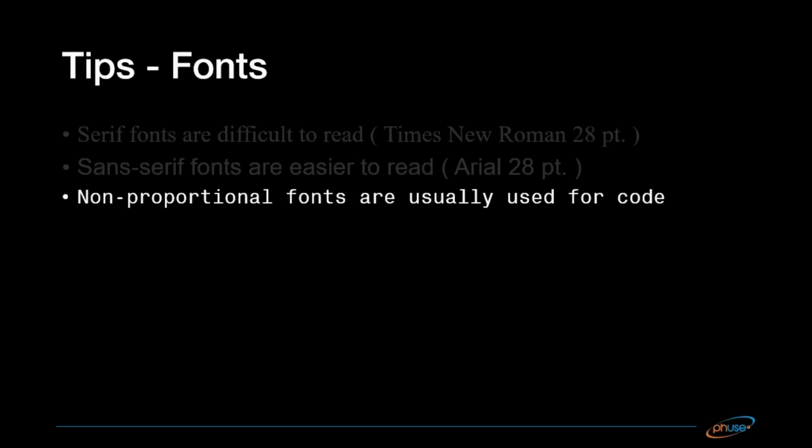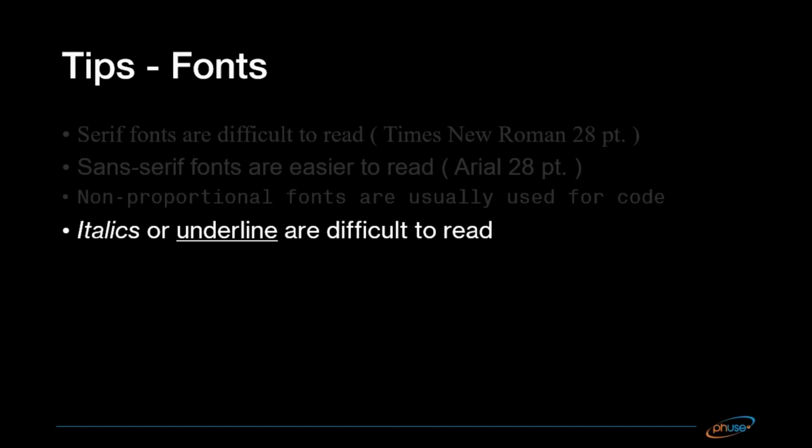Non-proportional fonts like the SAS monospace font, which is generally used for program code, are usually a good choice when you want to distinguish between the general text on the screen and actual code that you're presenting, for example.